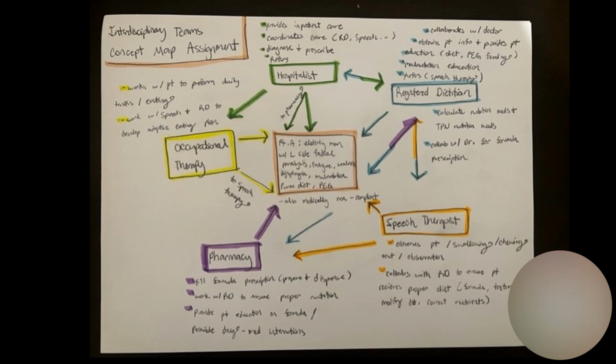The occupational therapist is really important. Even though this patient has a PEG tube, he is on a puree diet, which means he's still eating or trying to eat.